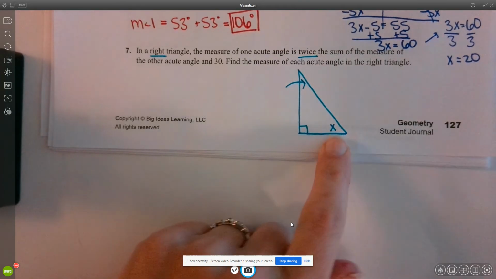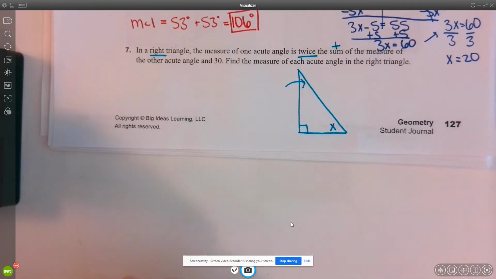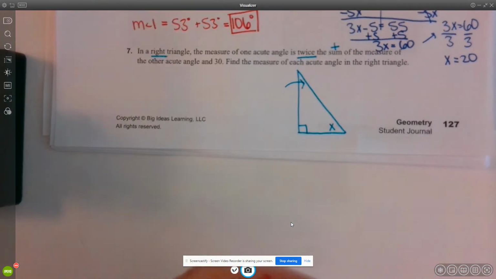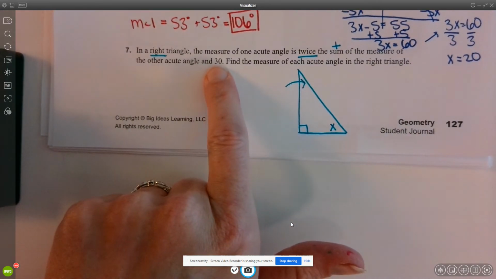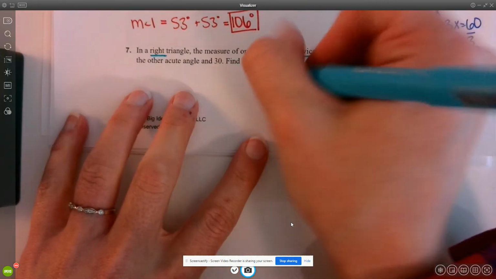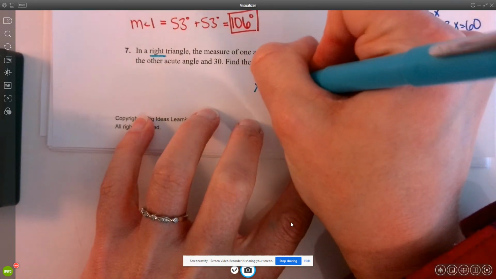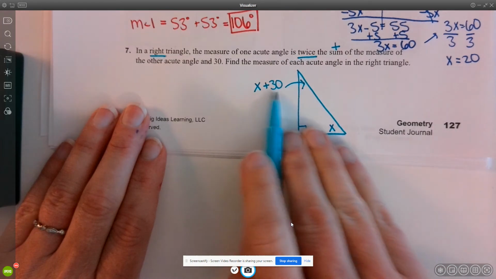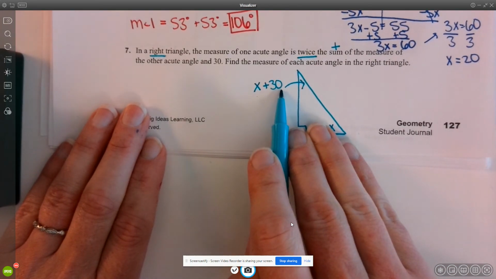So first, I need the sum. Remember in math, sum means to add. I need the sum of this acute angle and 30. And so that means I'm going to take my acute angle that I labeled x and add 30 to it.